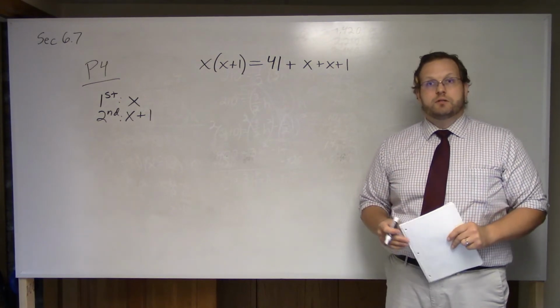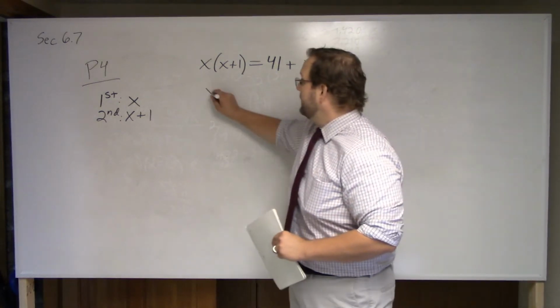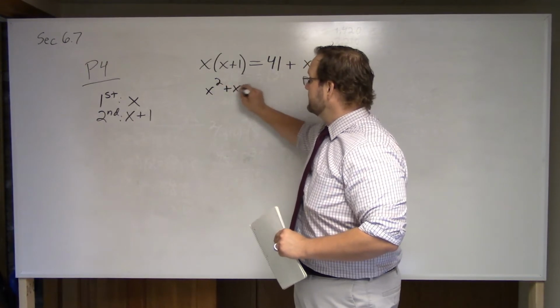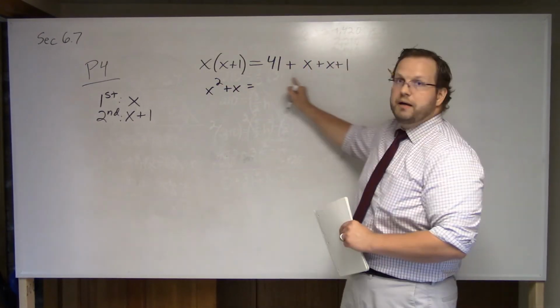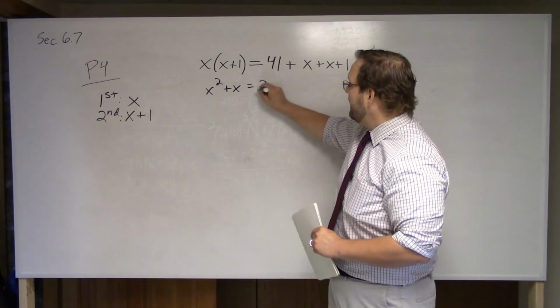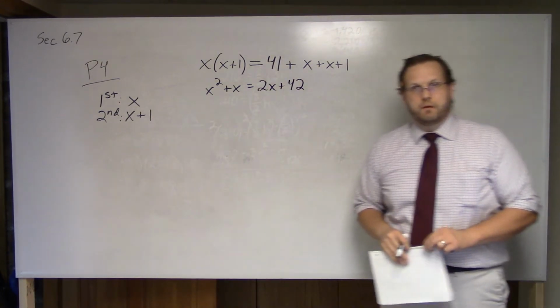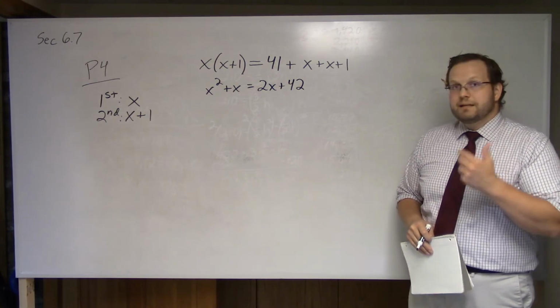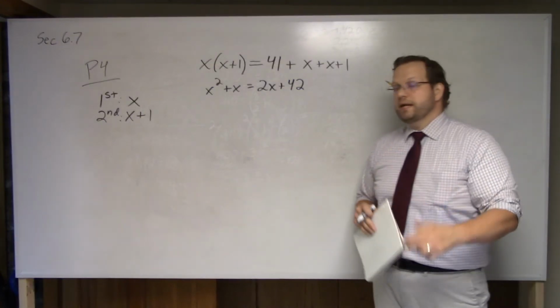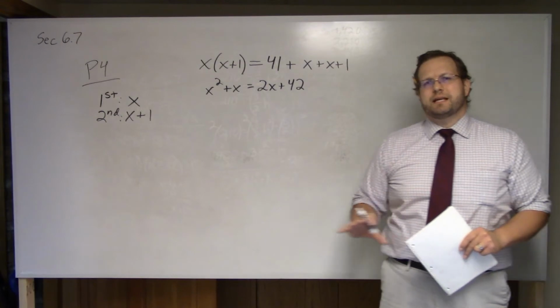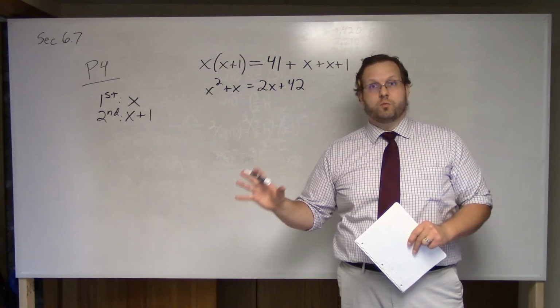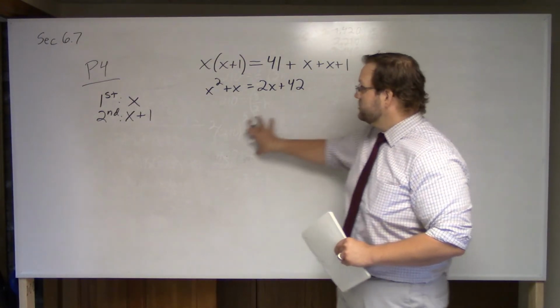First thing I always do is distribute. So I'm going to get x squared plus x. And then here I can combine like terms. I've got 2x plus 42. Now I want to get a 0 on one side. I always like to put the 0 on the side where the x squared term will be positive. So I'm going to bring these over to the left.